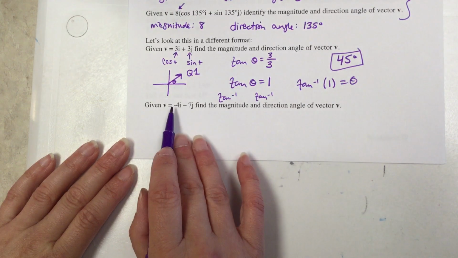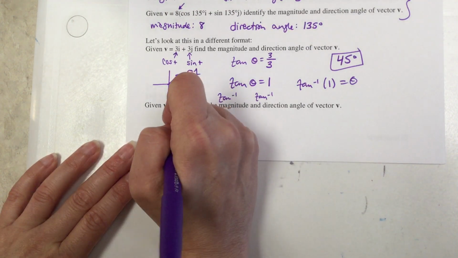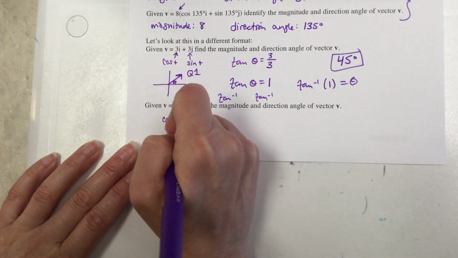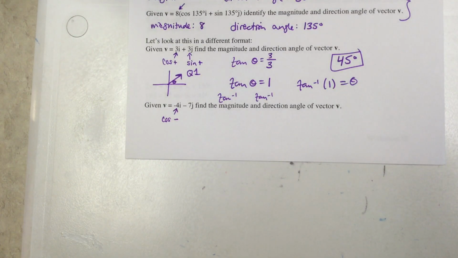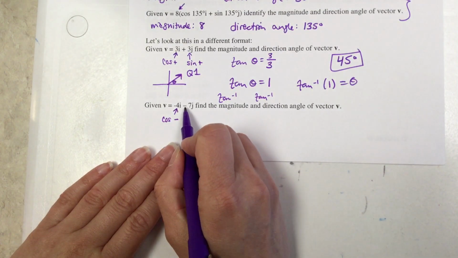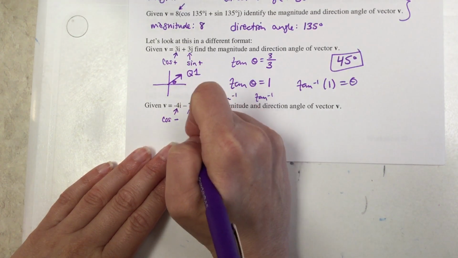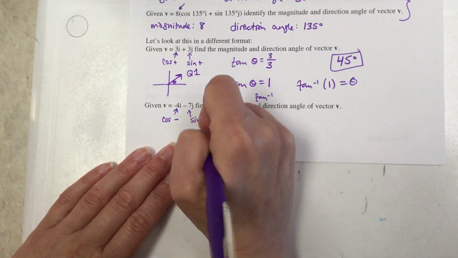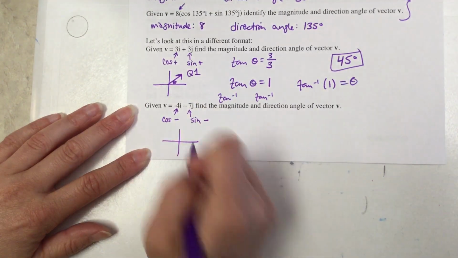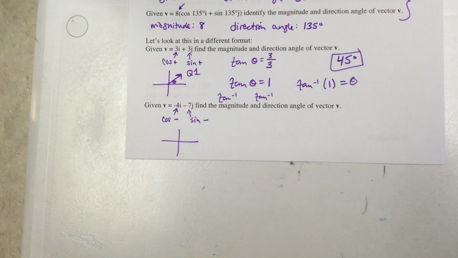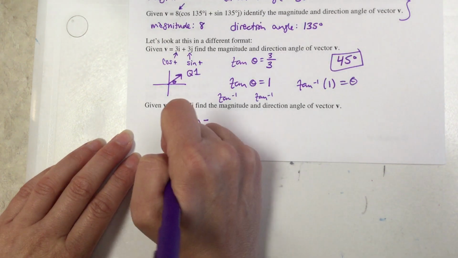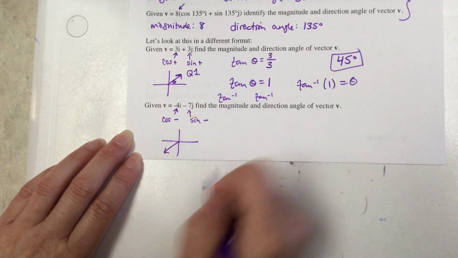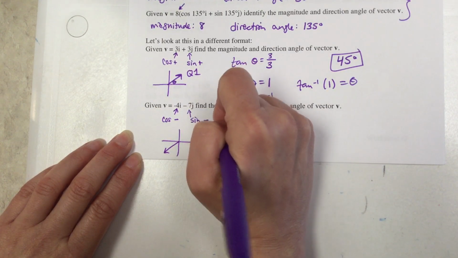So if my vector is negative 4i, the x value is the cosine, so in this case the cosine is negative. Minus 7j, the sine is also negative. So you have to think in your unit circle, where are both the cosine and the sine negative? That means you're going to the left and downwards, so we have to know that we are looking at quadrant 3.